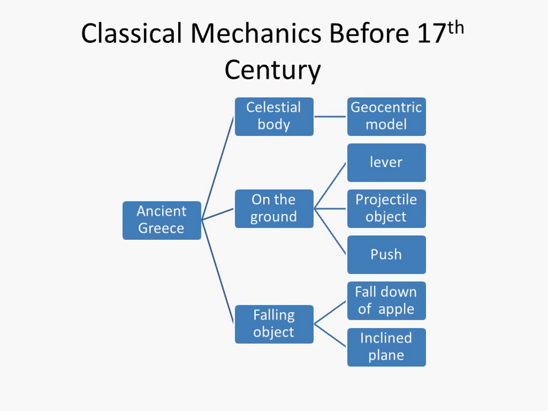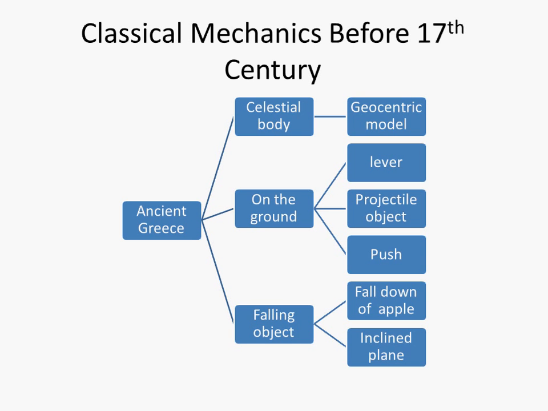Okay, first I will introduce ancient Greece. What's the theory that can explain this phenomenon? The first, they observed some phenomena. For example, on the ground, they found that someone can project an object.